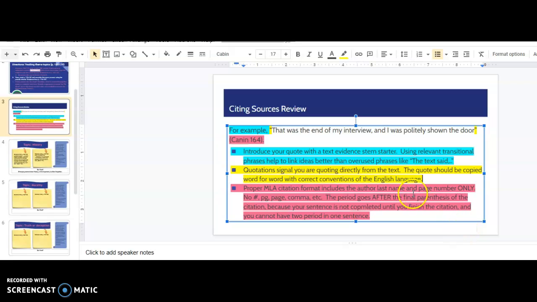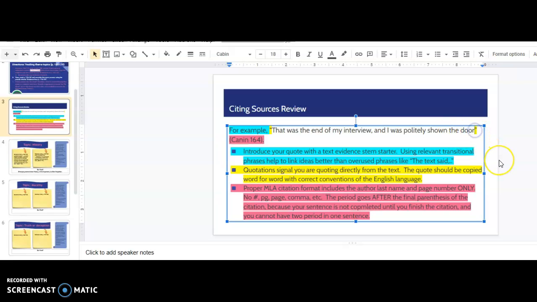And then finally, in pink, you see the proper MLA citation format. It includes the author last name and the page number only. There is no comma, there's no PG, no page, no number symbol, just Canaan, the author's last name, and the page number. Your period, you see right here, comes after your final parentheses.